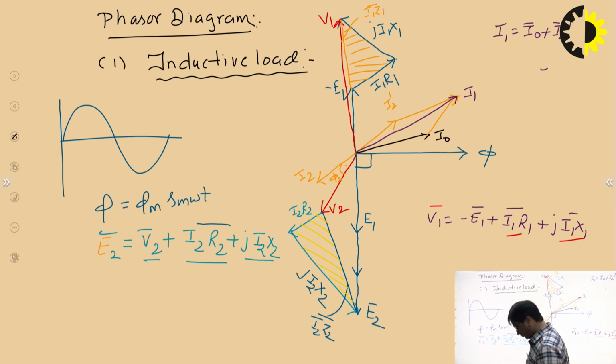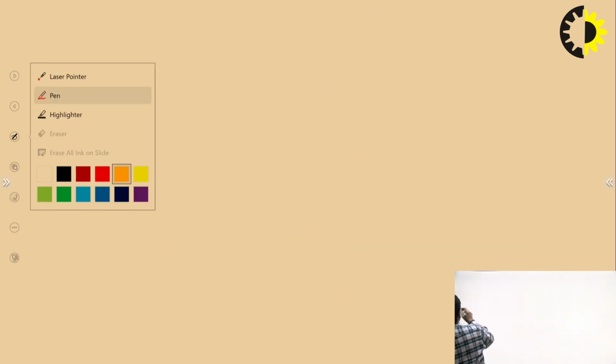Now let us draw the same phasor diagram for capacitive load.